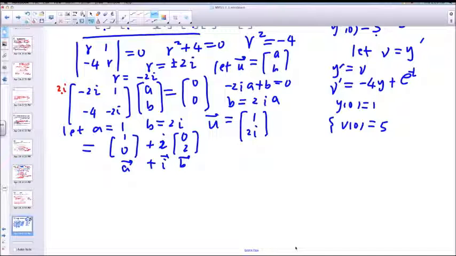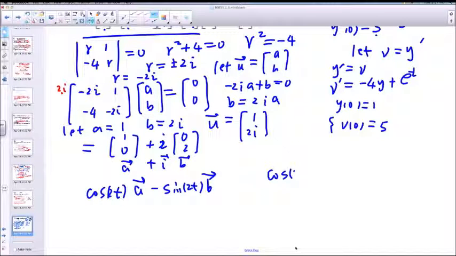You remember your two solutions look like this. Cosine 2t of A minus sine 2t of B, that's the first one. The second one is sine 2t of A plus cosine 2t of B, and that's the second one.